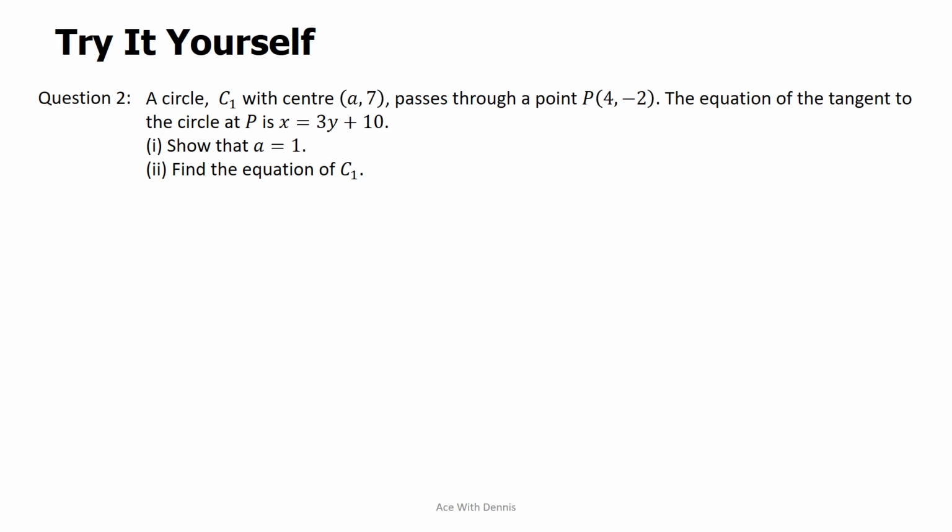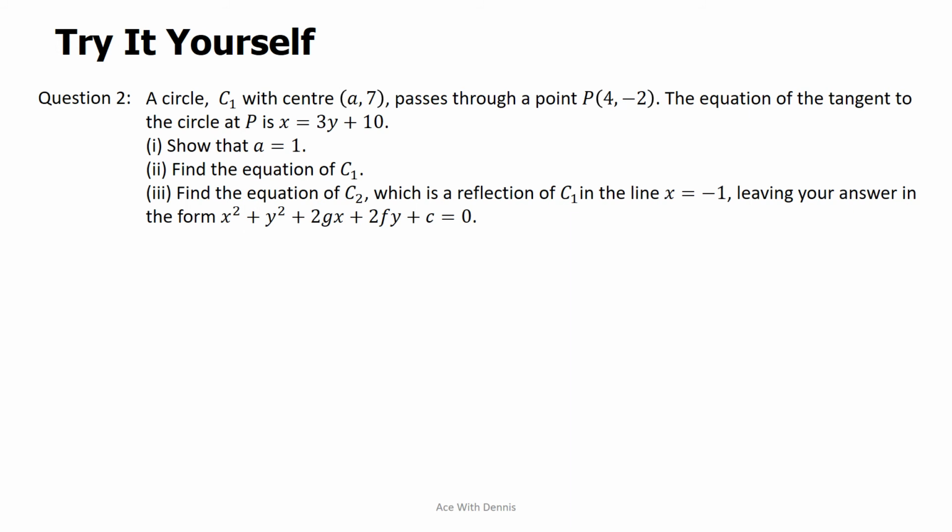Find the equation of circle C1. 3. Find the equation of C2, which is a reflection of C1 in the line x equals -1, leaving your answer in the form x squared plus y squared plus 2gx plus 2fy plus c equals 0. You can pause the video and try to solve it yourself.